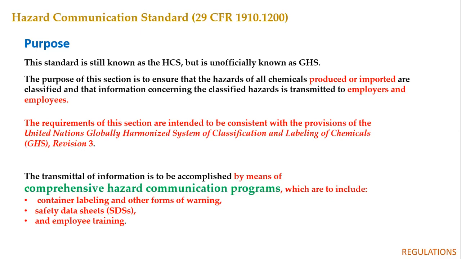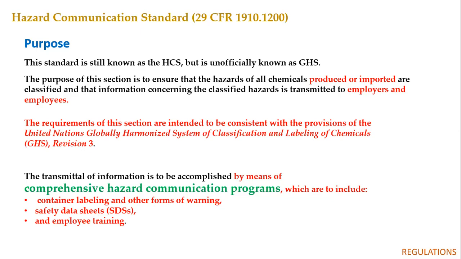globally harmonized system. The purpose of this section is to ensure that the hazards of all chemicals produced or imported are classified and the information concerning the hazard classification is transmitted to the employers and employees.